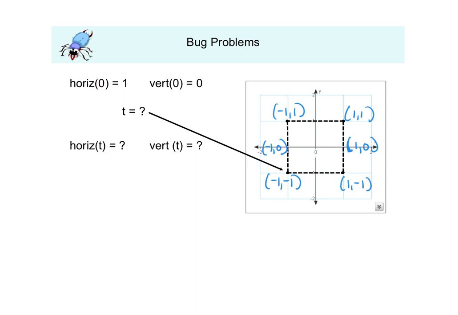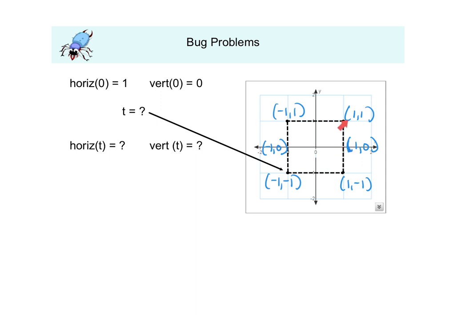Horizontal of 0, in other words, when we start that stopwatch, my bug is right here, and the x-coordinate is 1, and therefore horizontal of 0 is 1. Vertical of 0 is my y-coordinate when it's at this position, and that is 0. The time that it takes for the bug to get here from when we start the stopwatch, again, it's walking 1 unit per second.